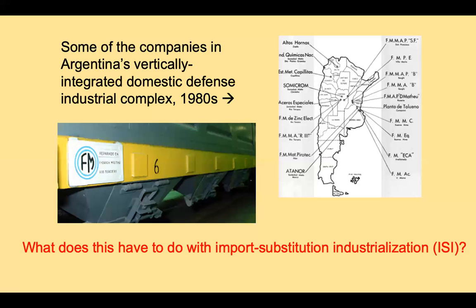Well, dependency theory says that the state has to get involved, and one of those actors in the state is the military. And so ISI often went hand in hand with a role for the military in strategic areas of the economy.